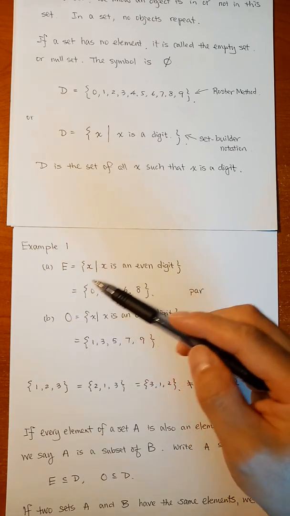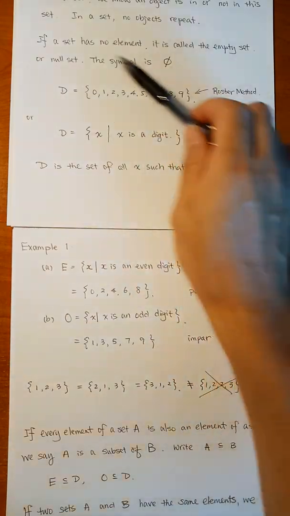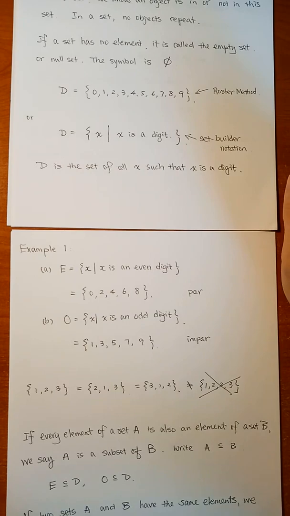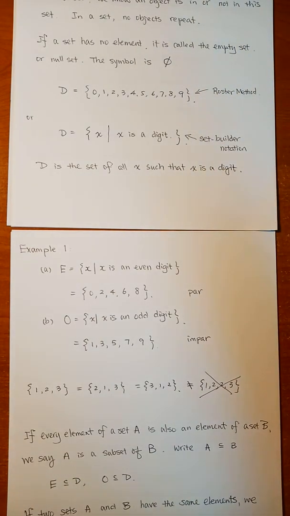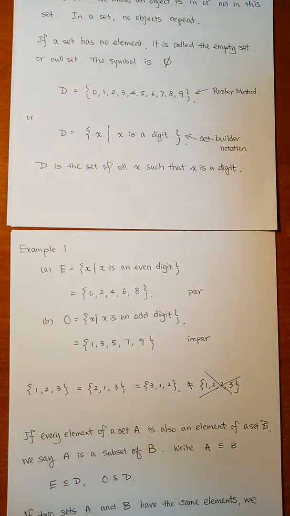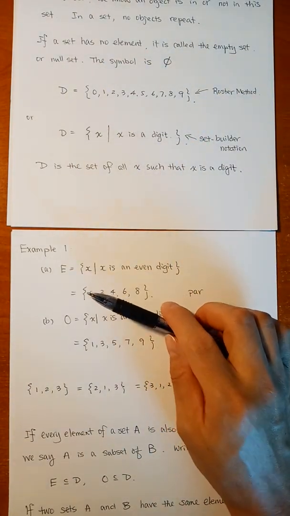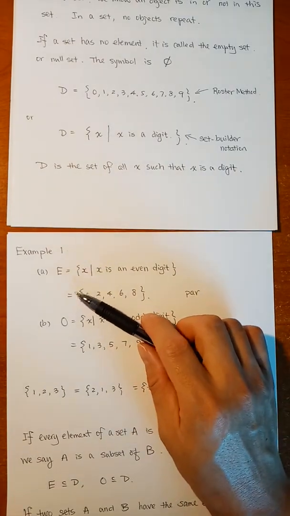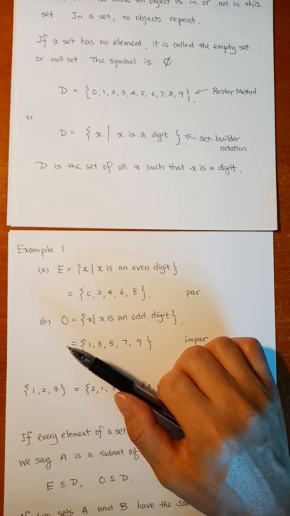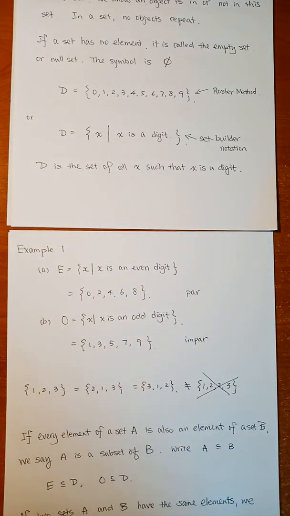So E and O are both inside the discussion of D. D represents all digits. It's like the universe we're talking about. We only talk about digits, then D represents every possibility. Then inside this universe, we are talking about the even digits, and we're talking about odd digits.